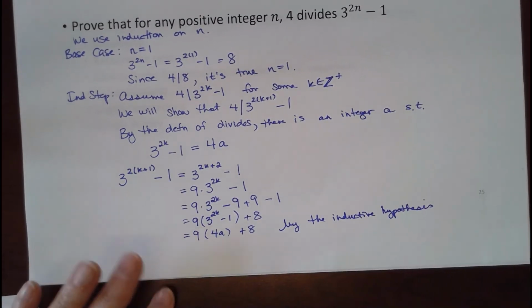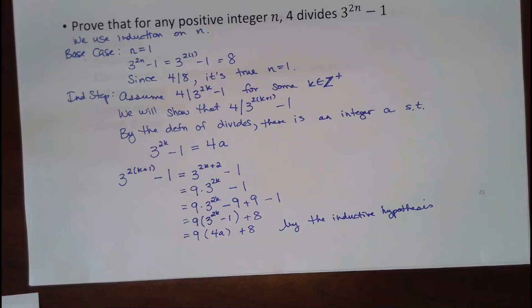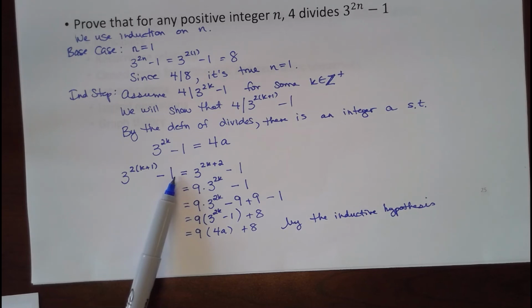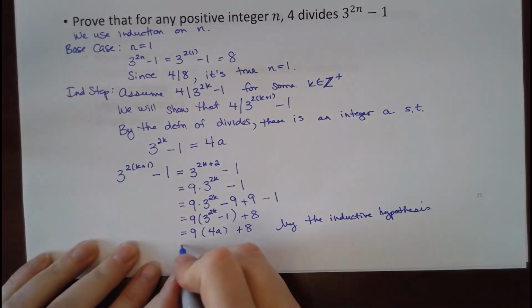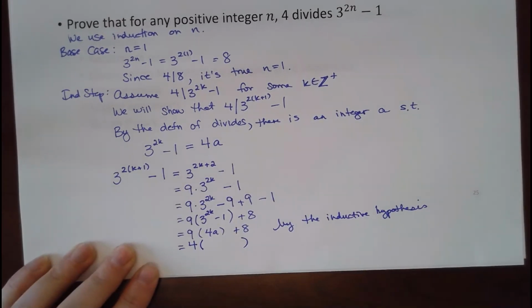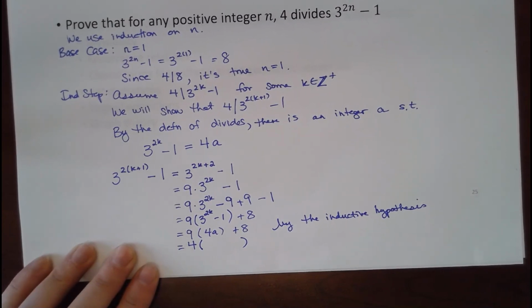Remember, our whole goal was to show that we could take this and write it as 4 times some integer. So now the question is, can I write this thing as 4 times something? What would I have to put in those parentheses?